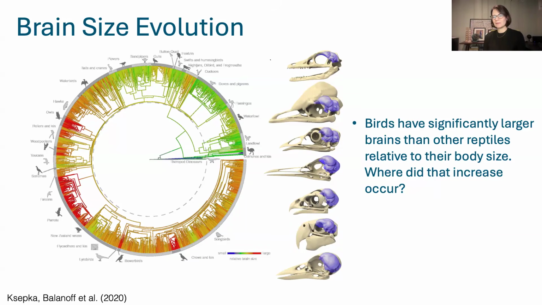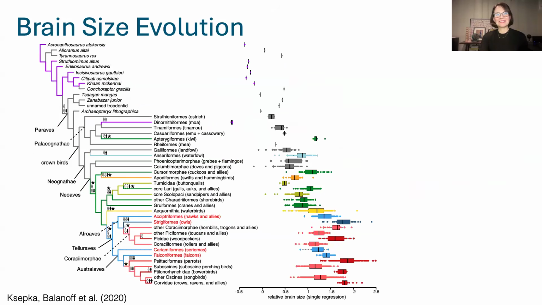And so my colleagues and I put together a data set that includes endocasts and brain sizes for over 1,200 birds, in addition to the non-avian dinosaurs. So we were actually also looking at patterns within living birds. But I'm going to stick to the non-avian dinosaurs today, I should say.